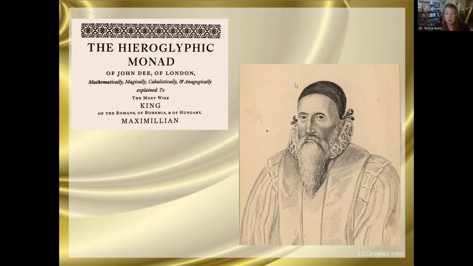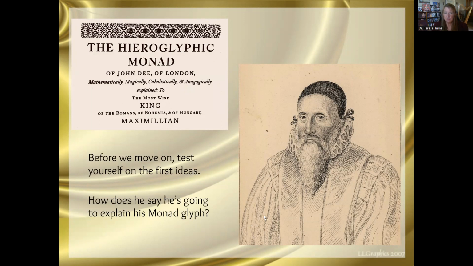You know what magic means in terms of Dee, which, yes, means all those Agrippan correspondences. It also, in Dee's world, overlaps totally with his ideas of alchemy and mathematically according to number and shape. Okay, so test yourself on those ideas. That's how he says he's going to explain it.